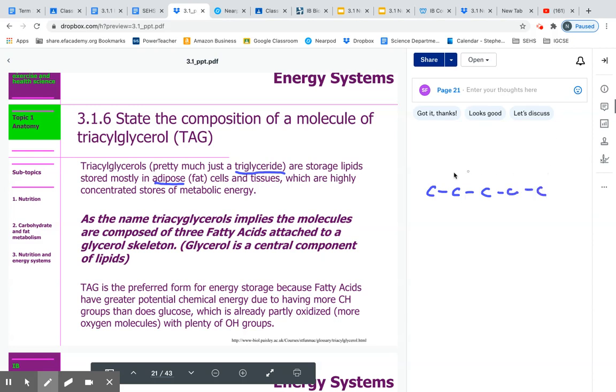Each one of these carbons is connected to a hydrogen. Remember, we talked about how carbon can form 4 bonds, so we just put a hydrogen in each one of these.